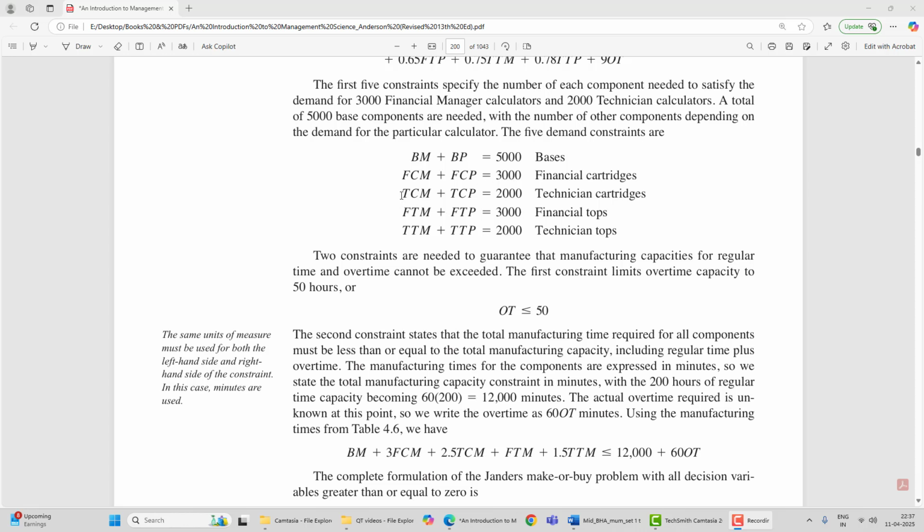Then technician cartridge manufactured plus purchased equals 2000, technician top manufactured plus purchased equals 2000, and the overtime should not be more than 50 hours.